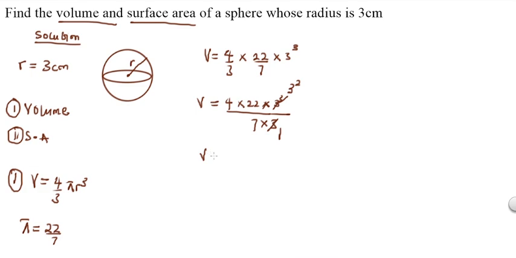And then from this I have V is equal to 4 times 22 times 3 squared, and this is divided by 7. So if I use my calculator for this numerator, 4 times 22 times 3 squared, I'll get 792 divided by 7.